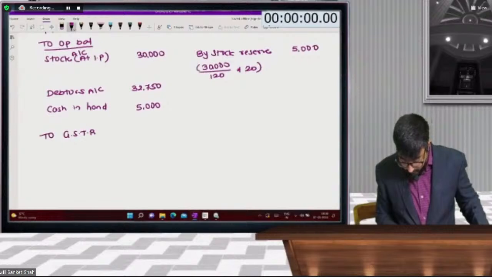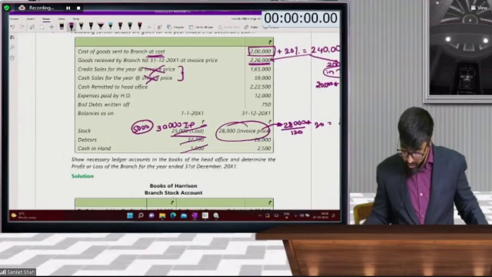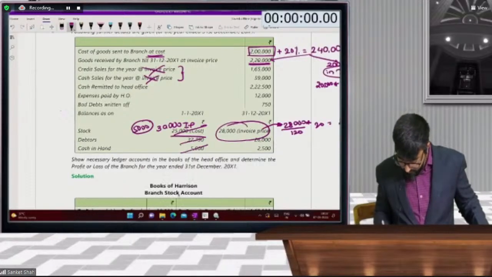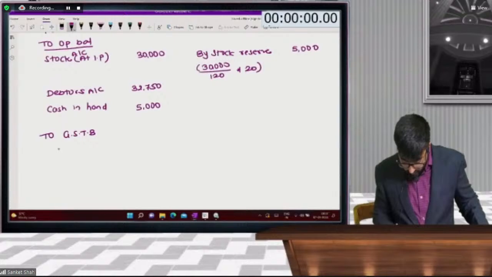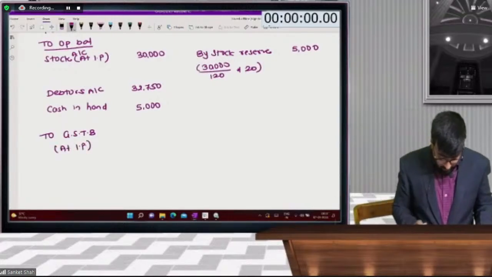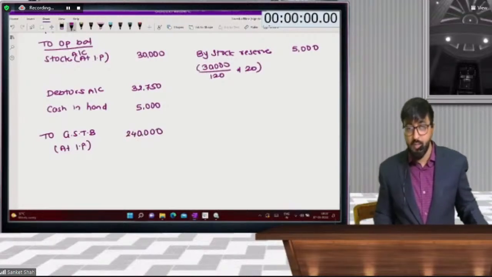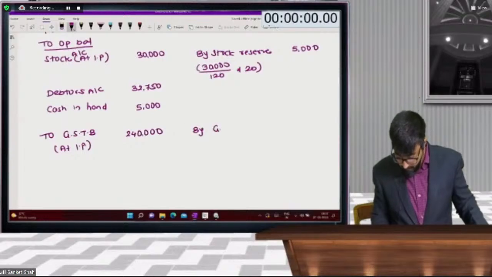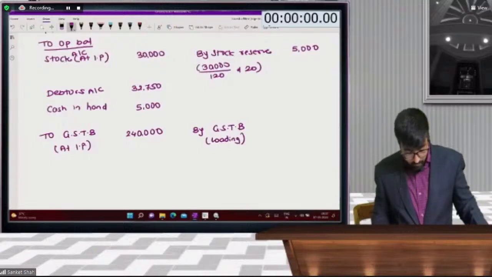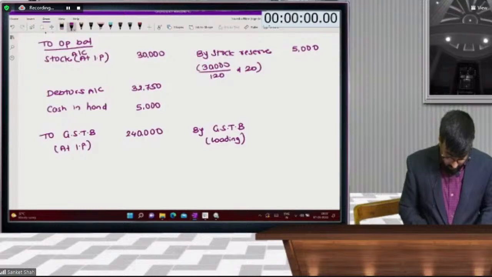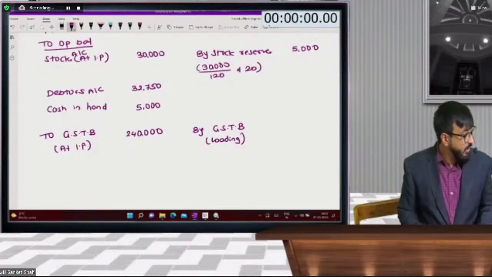Then after one line, goods sent to branch, beta, at invoice price, $2,40,000, by GSTB loading.